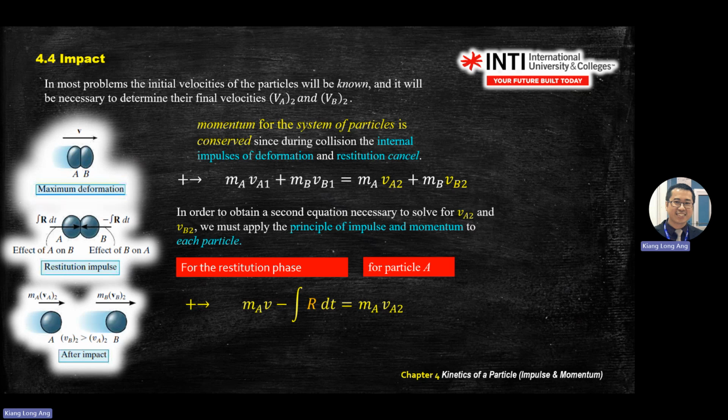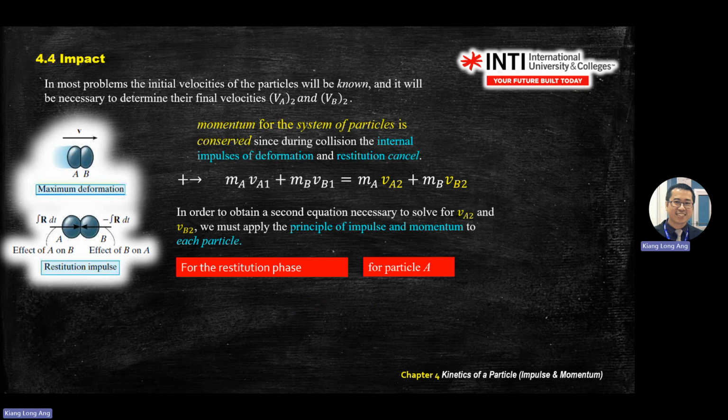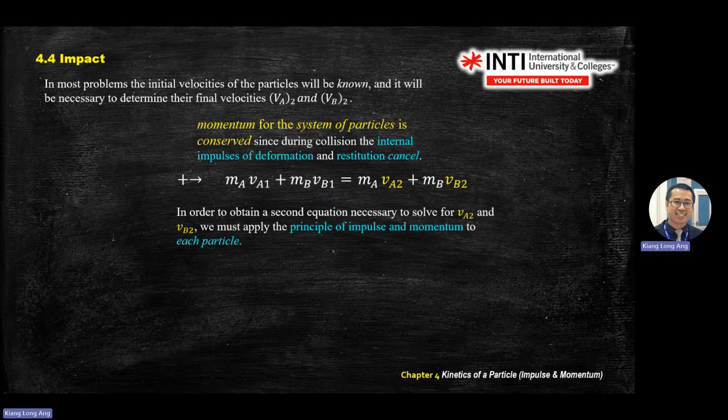This one is from the maximum deformation until after impact. This is a restitution impulse, right? So there's a difference between the R and P. Just let you see the difference.